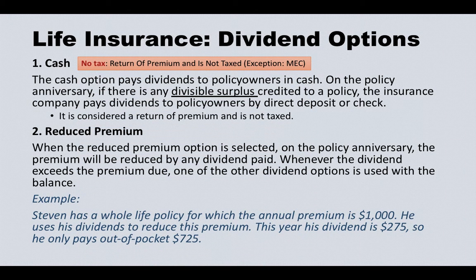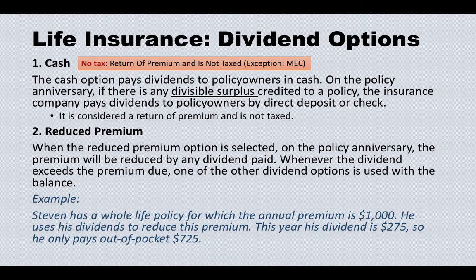So again, when you take the cash dividend, because the cash is a return of the premium, it's not taxed. One thing to keep in mind is MAC. MAC is a modified endowment contract. I have a video regarding the MAC. If your life insurance is considered a MAC and you take the cash dividend, your cash dividend will be taxed.